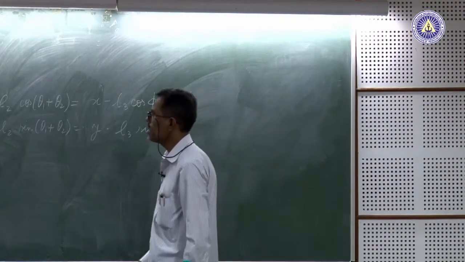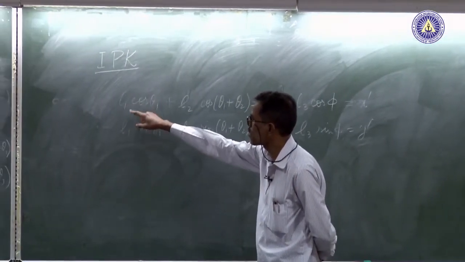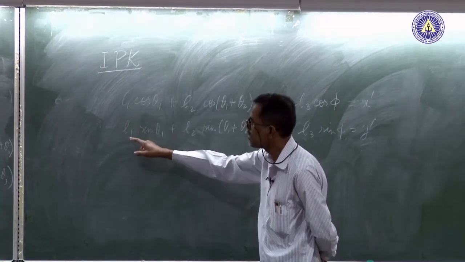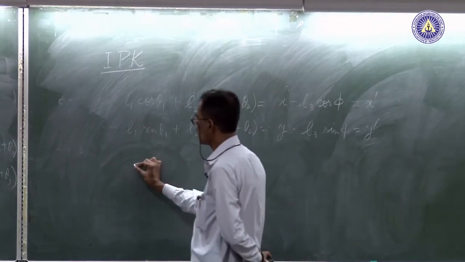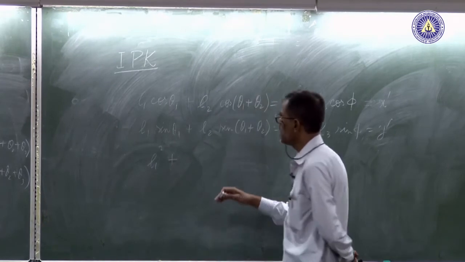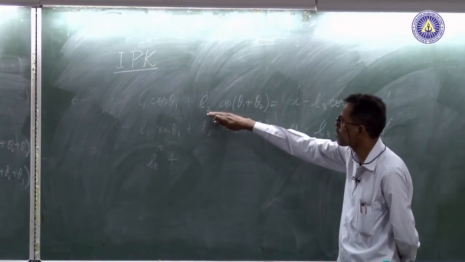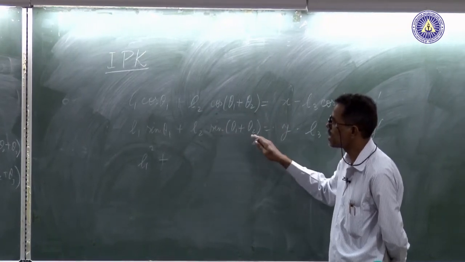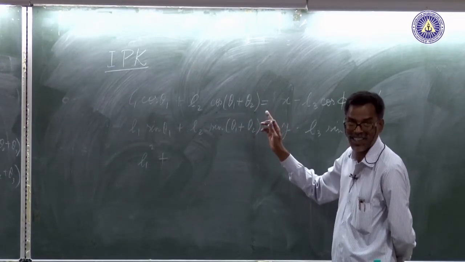So, as we square and add these two, from here you will get an L1 square cos square theta 1, and from here you will get L1 square sin square theta 1. So, together that will give you L1 square. Then similarly, from here you will get one term which is L2 square cos square this plus L2 square sin square this. Now, whatever this is we do not know, but that thing is 1.